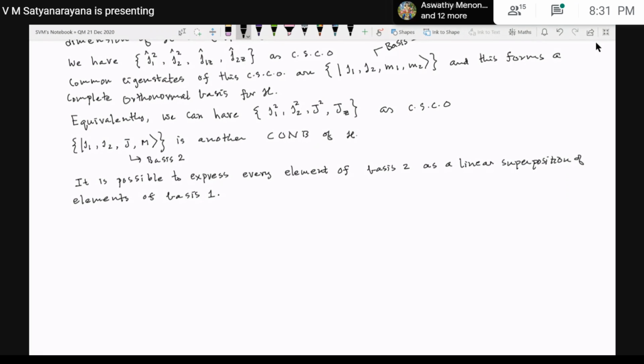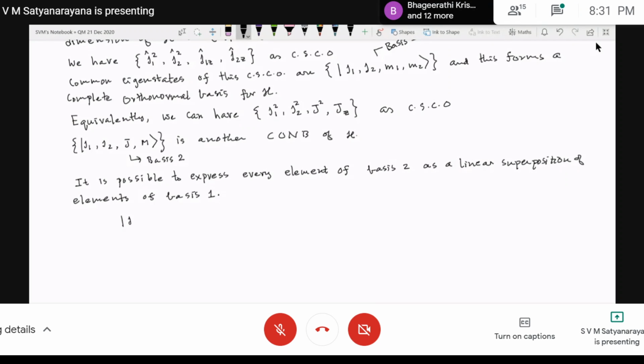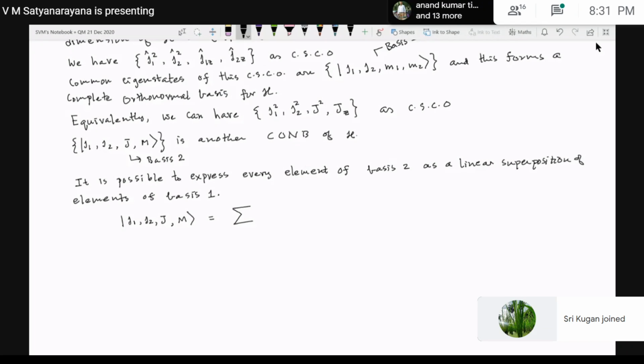Okay, so that means I can write down that |J1, J2, J, M> is equal to a sum over some coefficient times |J1', J2', M1, M2>.